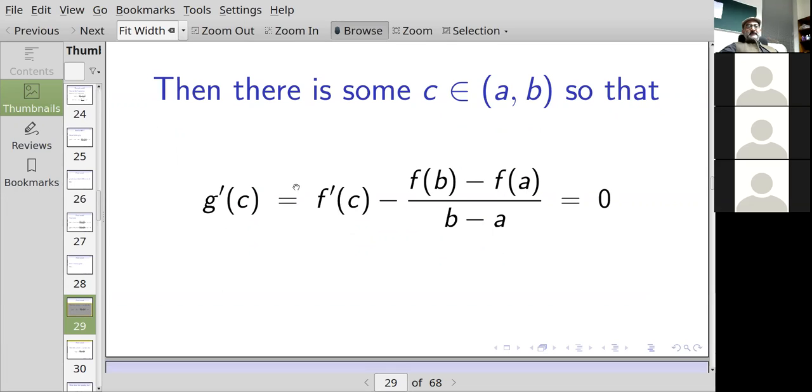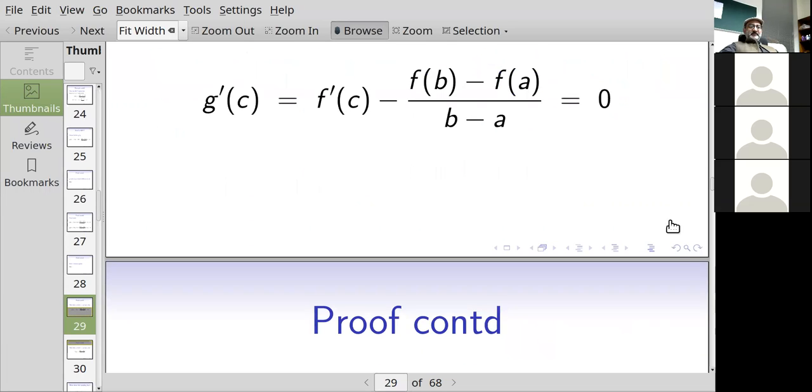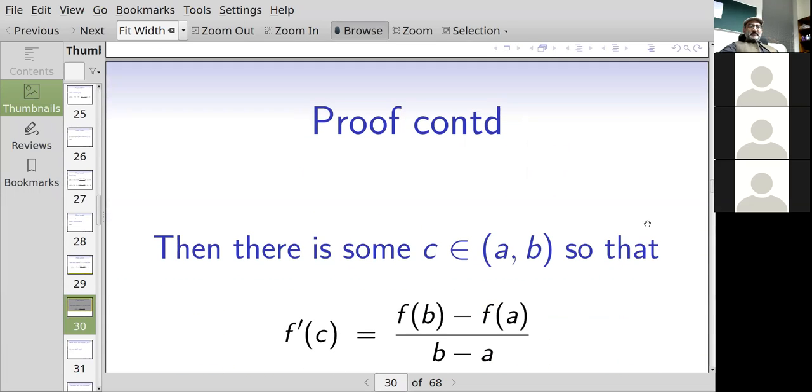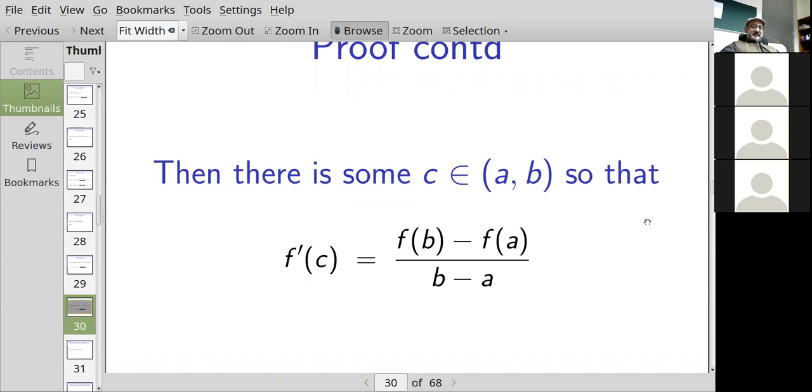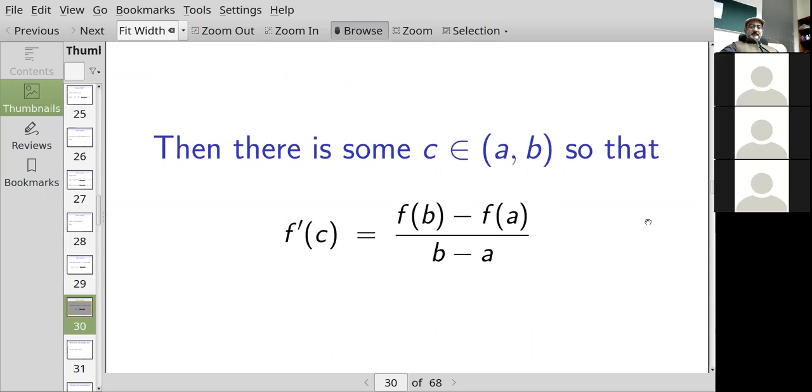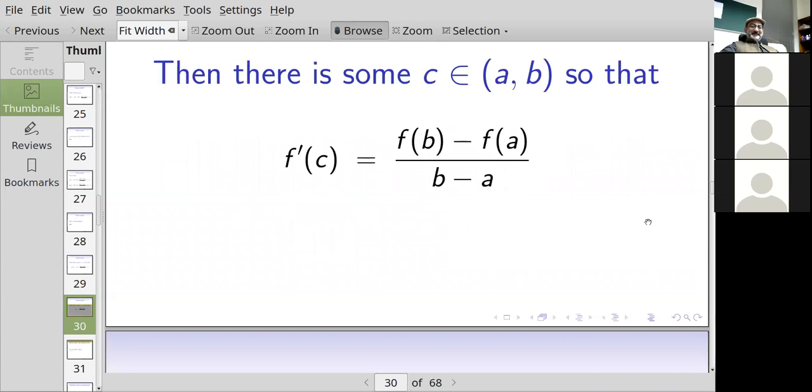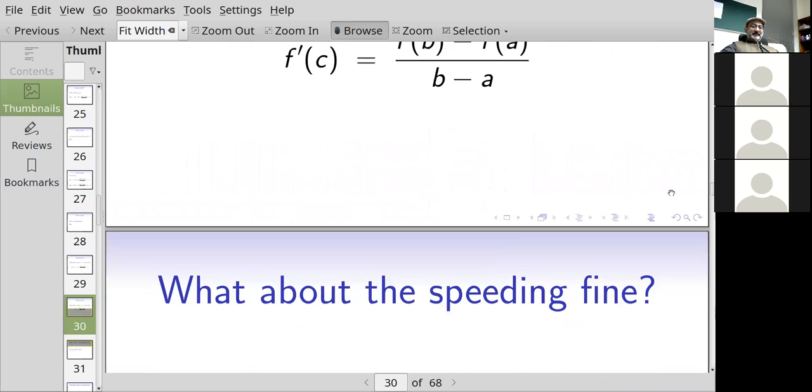Then I move the average rate of change over to the other side. So that means there's some point c such that the instantaneous rate of change at c is equal to the average rate of change of the function. I just want you to feel that we're not just making things up, right? There is actually proof for these results.